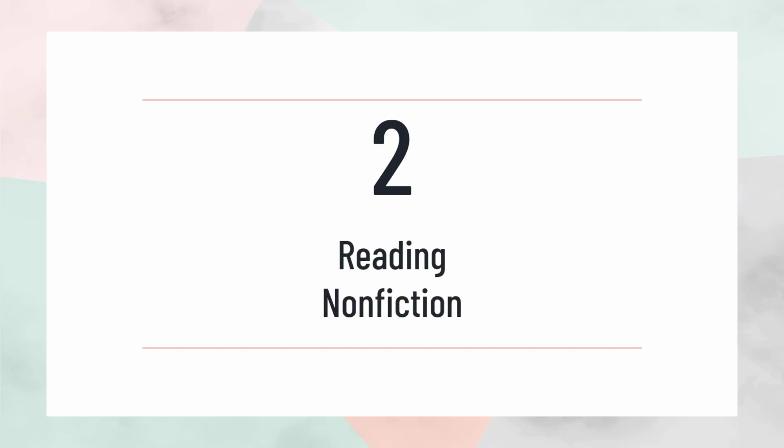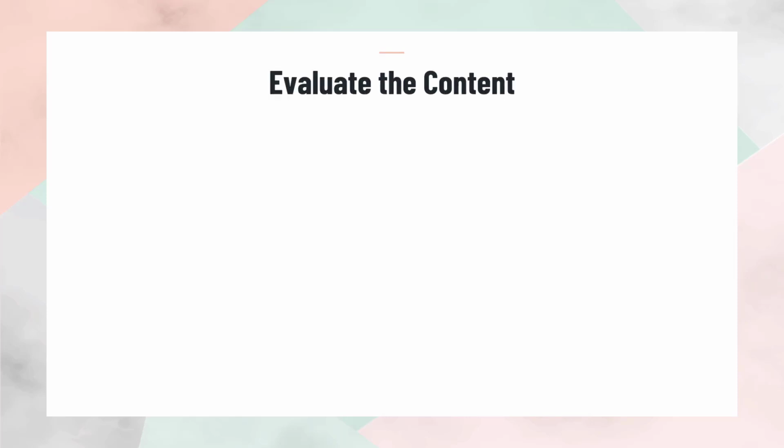After discussing the outline of the critical reading process for fiction, now we go directly to the second outline about the critical reading process in reading nonfiction. The first strategy that you have to cope with to read nonfiction is evaluating the content.